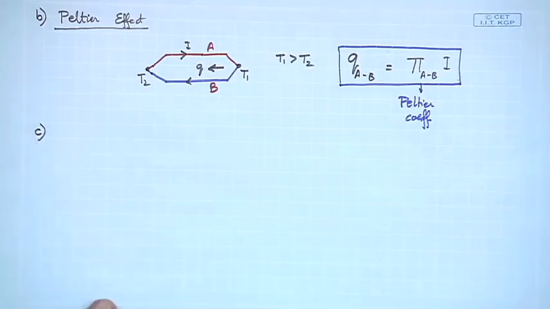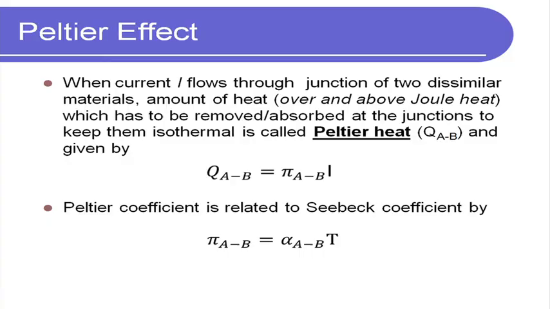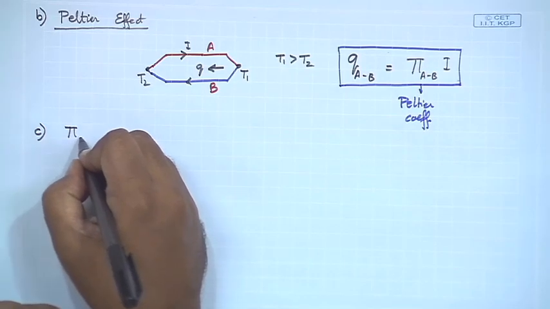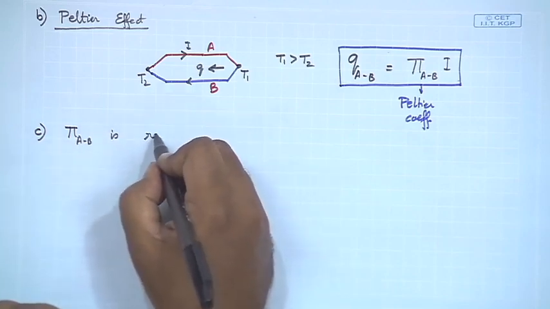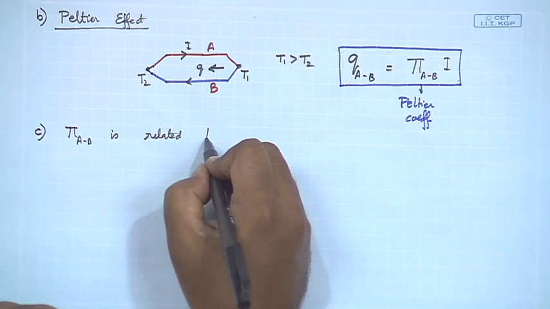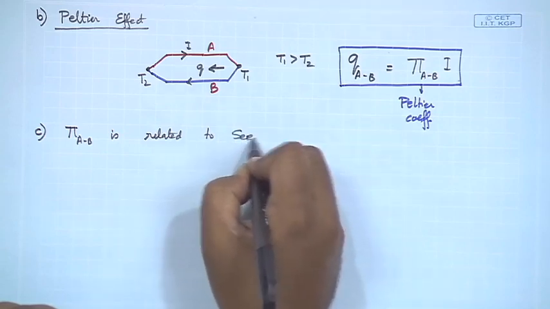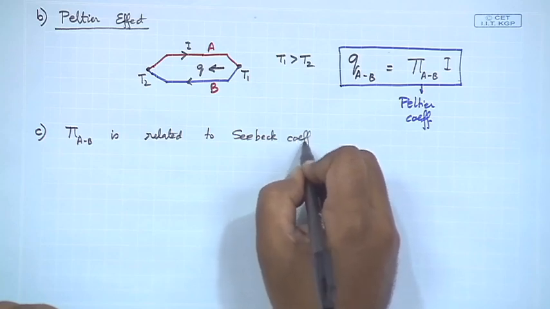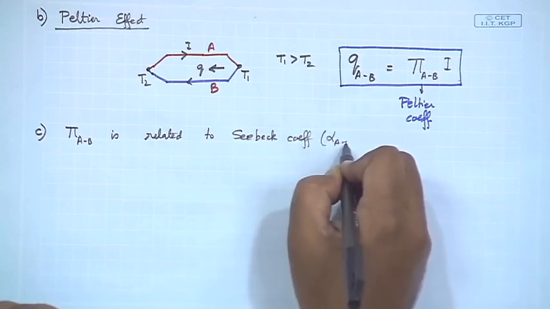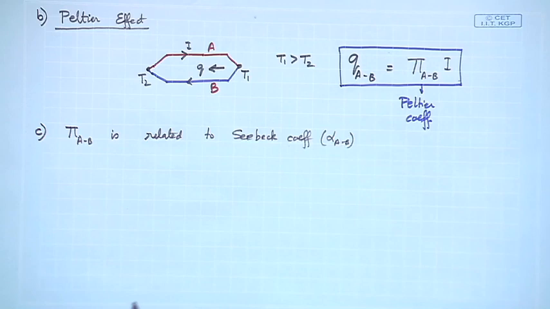So, now that we know what the Seebeck effect is and what the Peltier effect is, the last thing we would state here without proof is that the Peltier coefficient pi AB is related to the Seebeck coefficient alpha A to B. And how is it related?